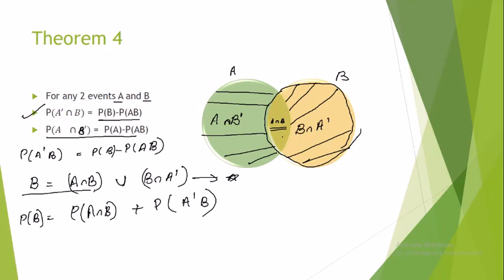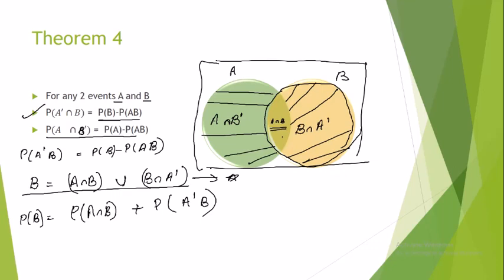How did you get this one? Yeah, from this Venn diagram. And you know that here AB, that is A intersection B, and A complement B are disjoint sets or disjoint events. So that is how you got the star equation, and you applied probability.